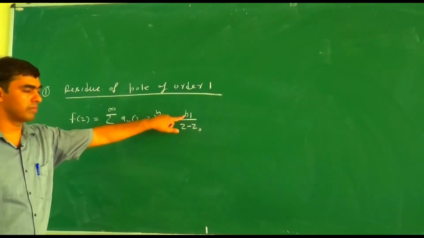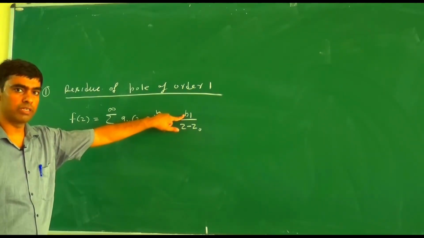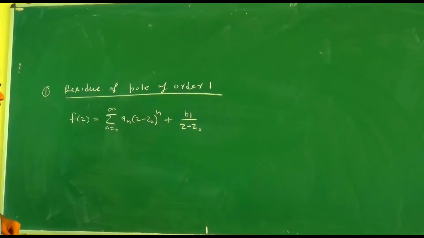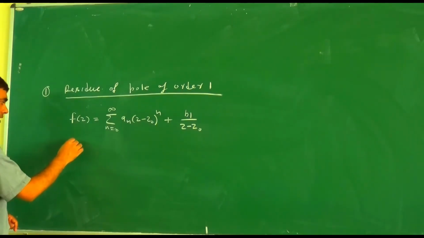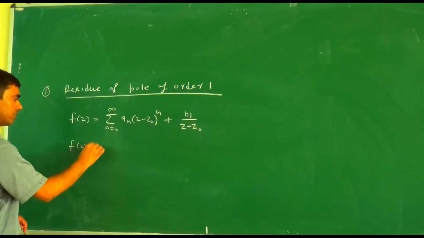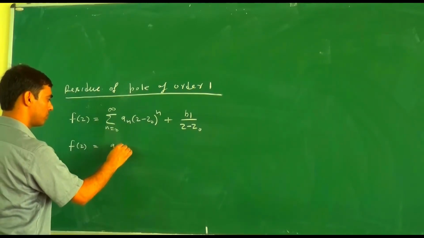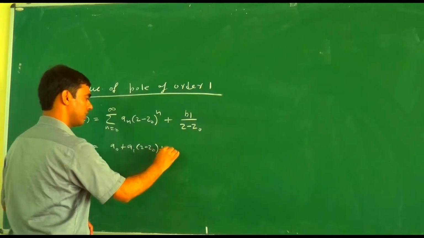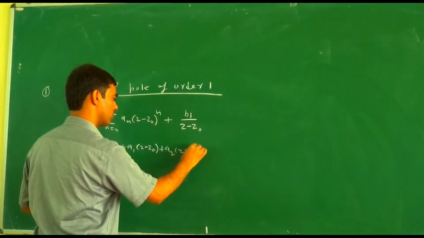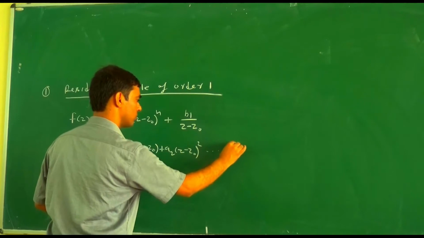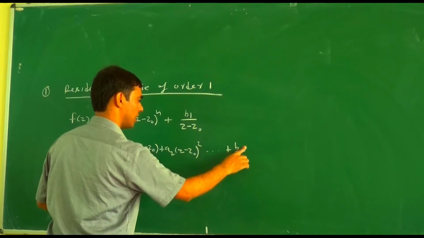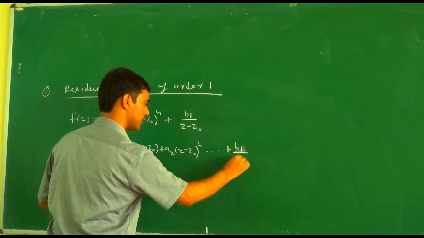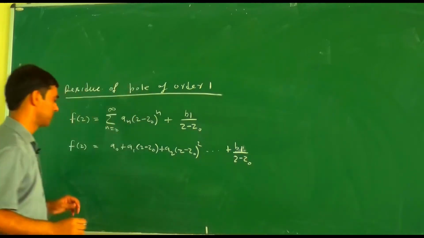Our aim is to find the value of b1. To make this simpler, we write a0 plus a1 (z minus z0) plus a2 (z minus z0) whole squared, up to an infinite number of terms, and the last one is b1 divided by (z minus z0).